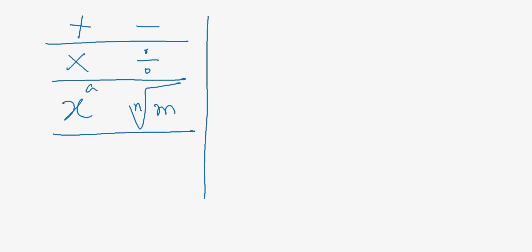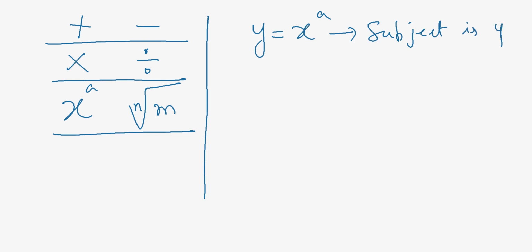That was discussed with the understanding that if you have something like y equals x raised to the power of a, right? Yes. Then in mathematics, if an equation like this is written, we need to know that y is the subject, right? Yes. Subject is y.